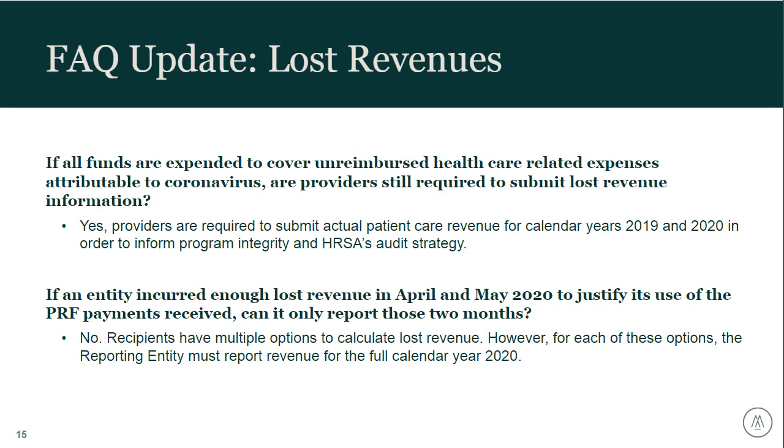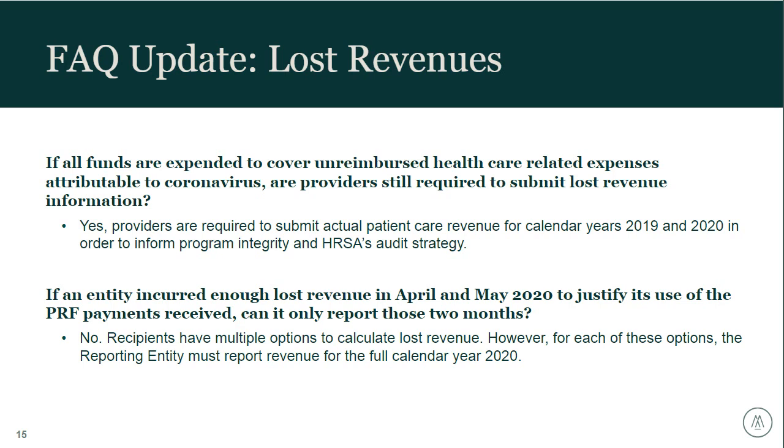And then another really big source of question as well has to do with, when we went to do the phase 3 application, we used the April and the May lost revenue as part of that application process. Can we just use those 2 months in our reporting of lost revenue?